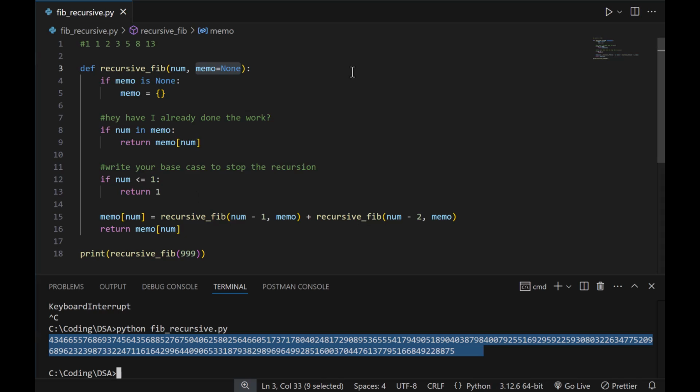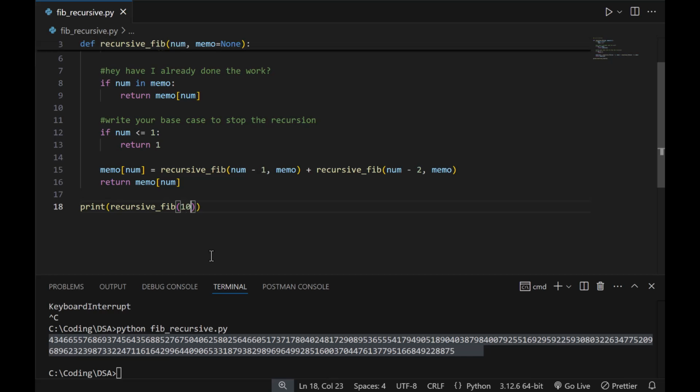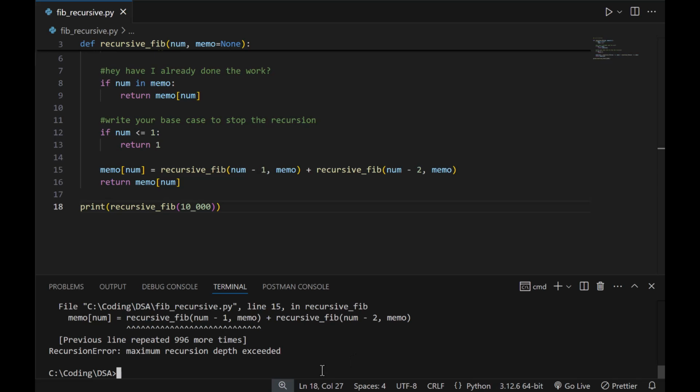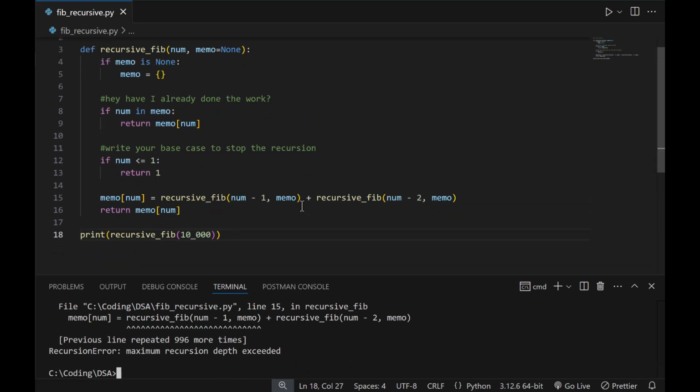Now, there is one little wrinkle. This is true of Python, that there's a very specific reason I didn't go over 999 or 1,000 in this case. So, for example, if I did recursive fib of 10,000, this is going to run into problems. We're going to have maximum recursion depth exceeded because in Python, the recursion depth you can go for is 1,000.